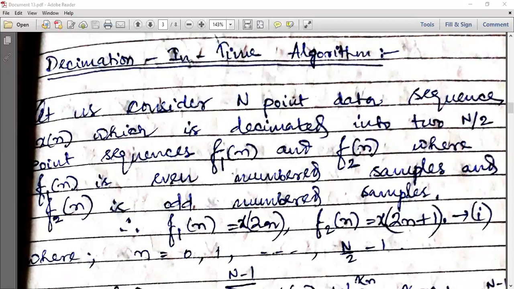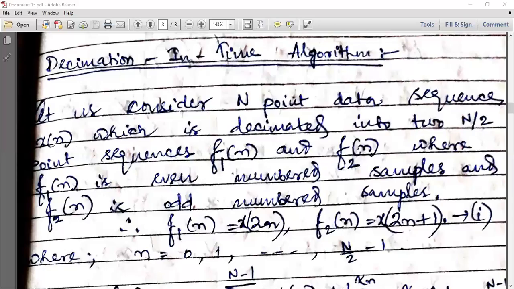That's why I have said that decimation in time algorithm partitions a DFT into half-length DFTs of the even indexed and odd indexed time samples. Just beneath that I've written where f1(n) is even numbered samples and f2(n) is odd numbered samples.